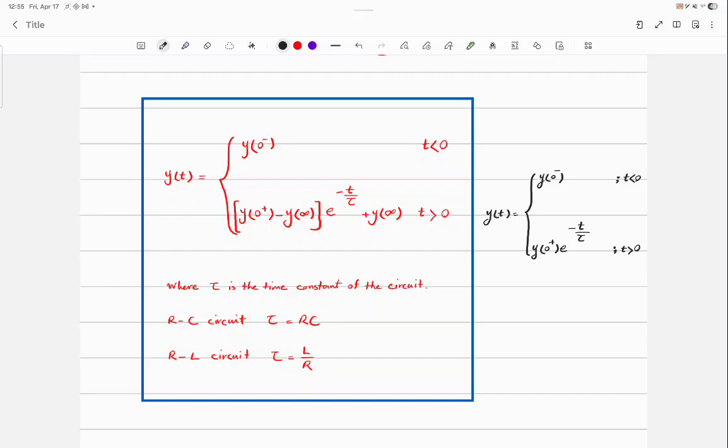This is what we worked and found, right? The black one. So what is different in the red one? There's something that we didn't talk about. Y infinity. What does it mean? It means the variable that you're after at t equals infinity.